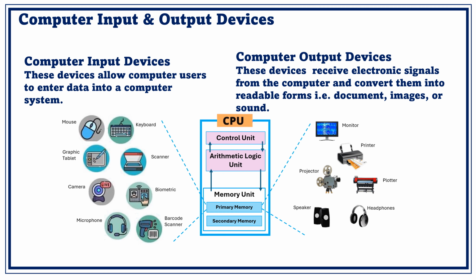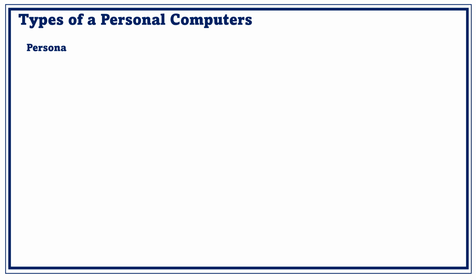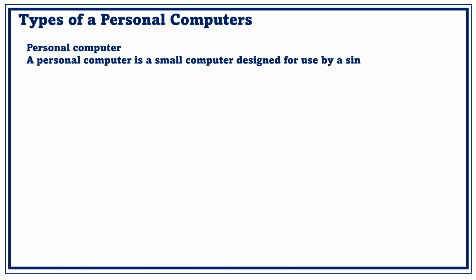As we move on, let's now look at personal computers. When we look at personal computers, we think about the evolution of computers that resulted in personal computers. Personal computers are computers designed to be used by a single user at a time.